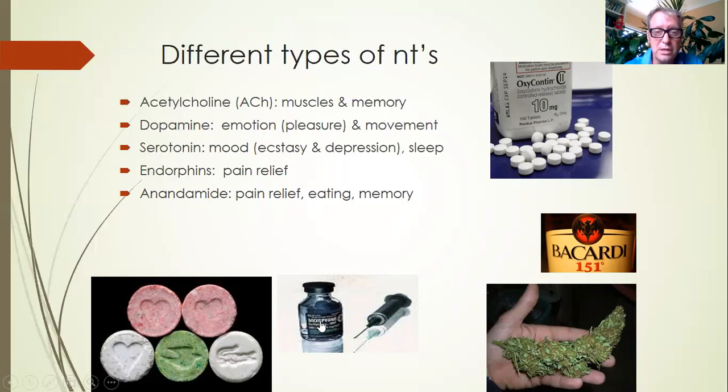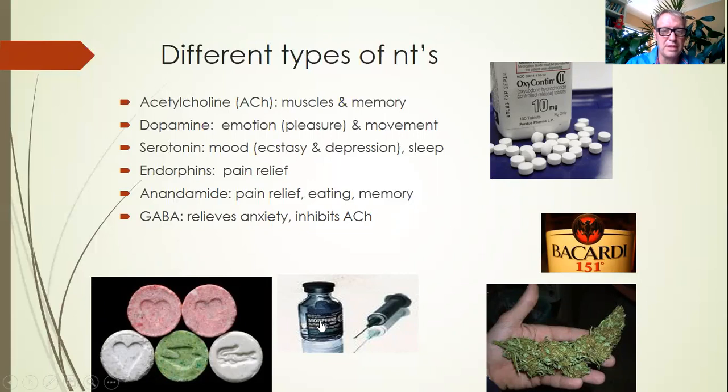So if a person smokes weed, they are basically stimulating their own anandamide receptors. Again, it's why medical marijuana is what it is. It generates pain relief, stimulates eating for people who are having cancer treatments and are losing their appetite. The memory part is kind of a problem, though, for people trying to remember things. So we have naturally occurring neurotransmitters, the molecular shape of which is mimicked by THC.